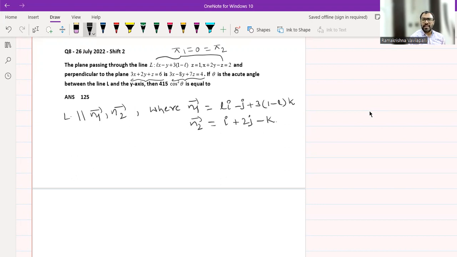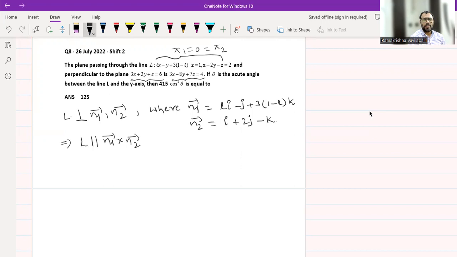Now I am finding the direction ratios of the line. The line here is the line of intersection of two planes, so L is perpendicular to both N1 bar and N2 bar, because the line lies on pi 1 as well as pi 2. So this implies L is parallel to N1 bar cross N2 bar.